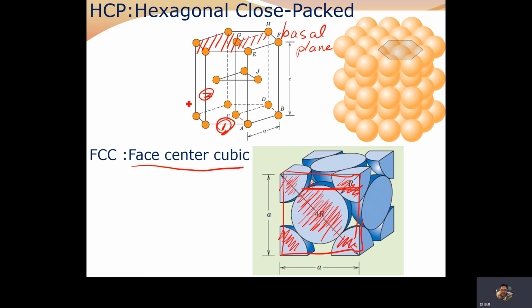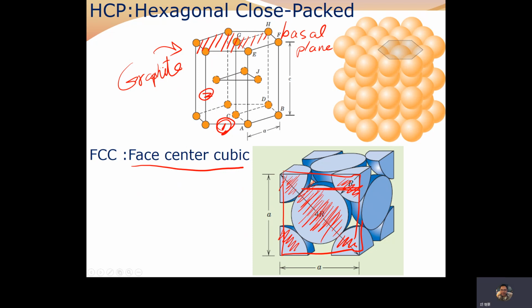For example, take the graphite structure, which is like this HCP structure.